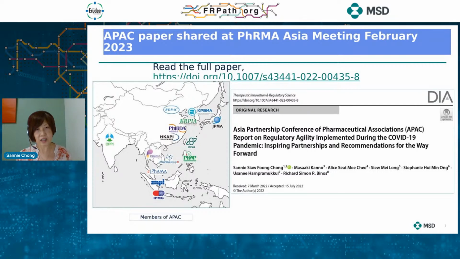APEC is regional in terms of Asia because the members consist of all the R&D based industry associations of the Asian economies. You can see an image of the members there, 13 to 14 industry associations.